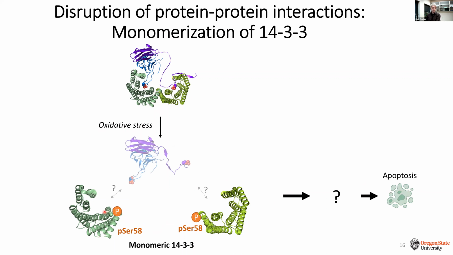And it's not known how this process leads to apoptosis. It's also not known whether by monomerizing 14-3-3, what does that do to its ability to bind clients? Do they get released? Do they still bind? None of these things are known because people have not been able to actually physically produce this material, this phosphorylated monomeric 14-3-3. And so we asked the question, can we use non-hydrolyzable phosphoserine to monomerize 14-3-3?